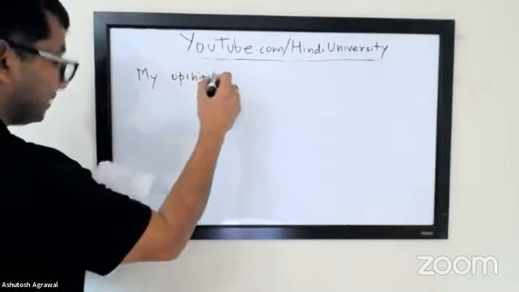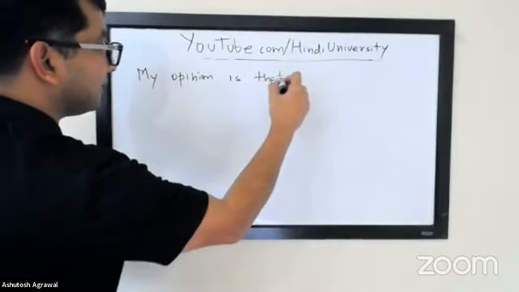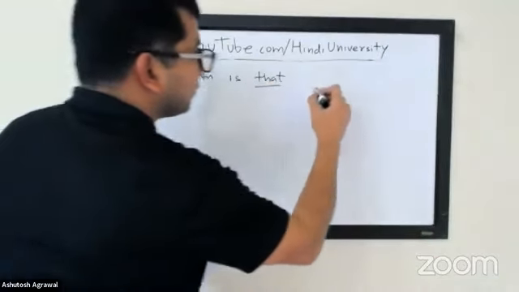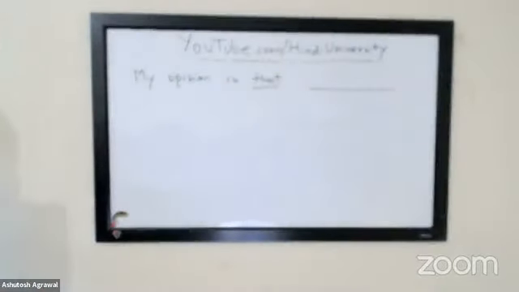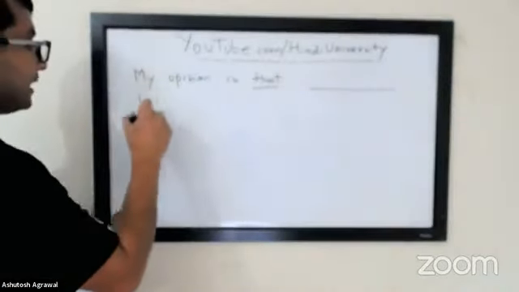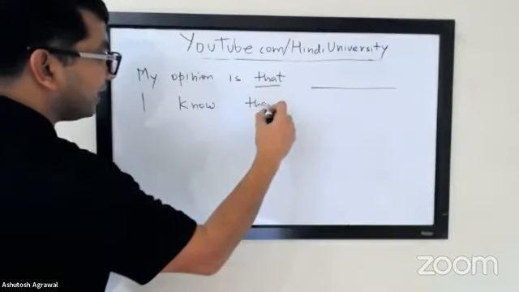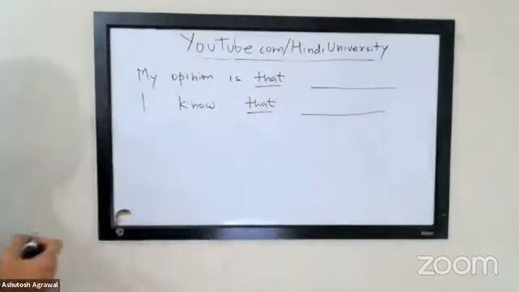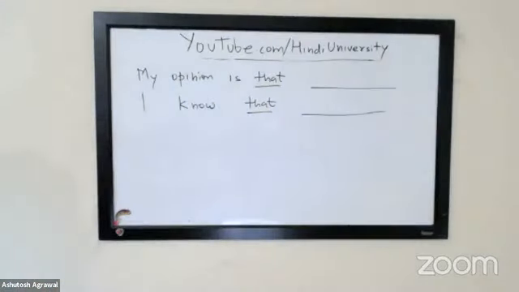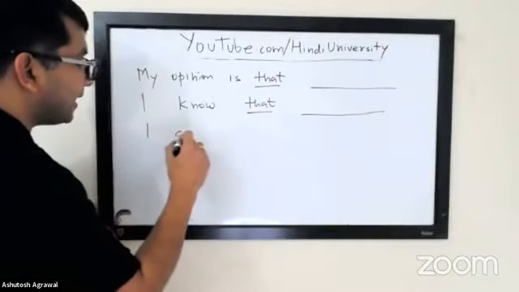My opinion is that, followed by the sentences, whatever your opinion is. Or in other cases you will say, I know that, and then your sentence number two, which is what you want to share. Or sometimes you say, I'm happy that.